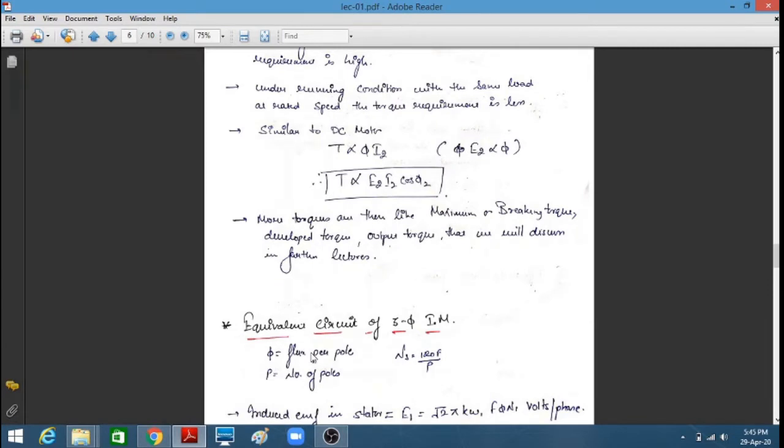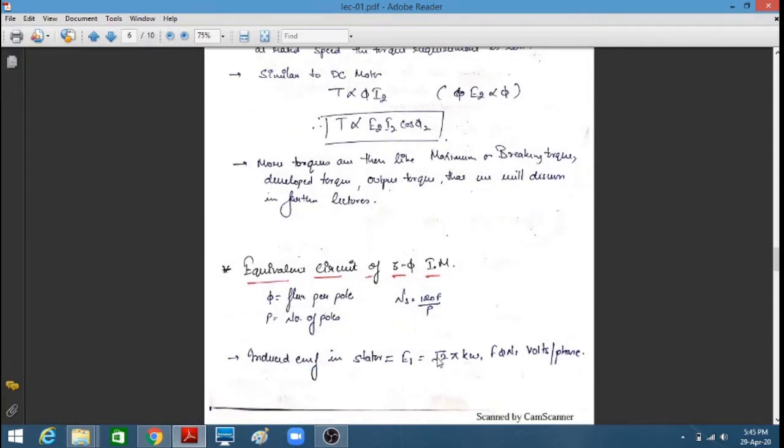We will be defining some quantities: phi is flux per pole, p is number of poles, where ns is equal to 120 upon p. As we can see, an induction motor can be treated as a stationary motor, that is equivalent to a transformer.